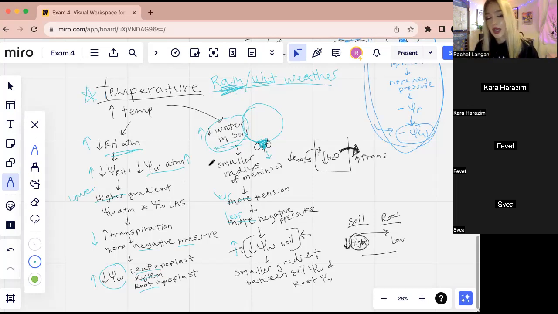Maybe a change in the amount of water in the soil, or a change in the size of the radius of menisci, or I could show you on the graph a change in the water potential of the leaf apoplast or the xylem or the root.